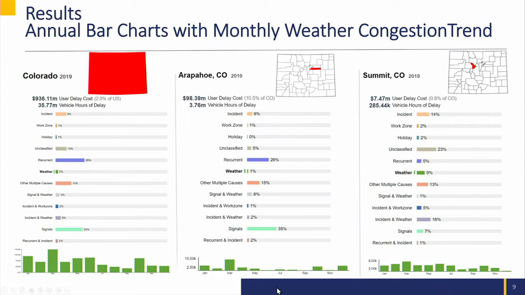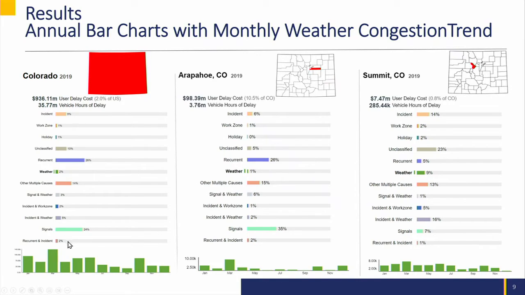You can see the patterns between Arapahoe and the state level look fairly similar, with the majority coming from recurrent congestion. Most congestion happens in urban areas, so if you have one or two large cities, it's going to dominate the state level pattern. But one thing that's interesting, in Summit County, where the ski resort is, the contribution of weather is 9%, whereas in the rest of the state it was 1% in Arapahoe County and only 2% for the entire state.